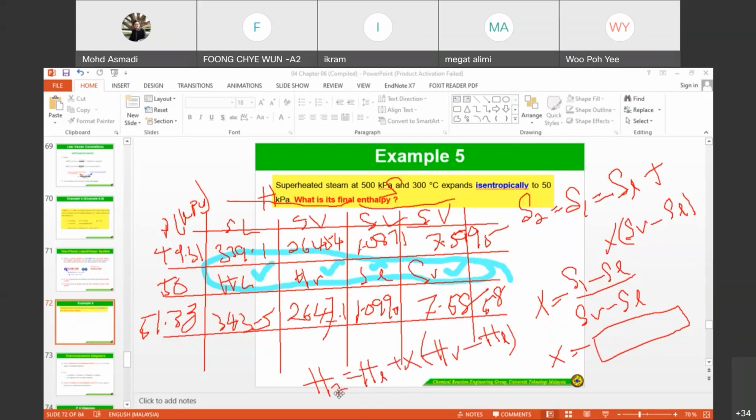So you can get the value of H2. HL and HV you can determine from this interpolation. SL, SV, once you determine, substitute into this one.